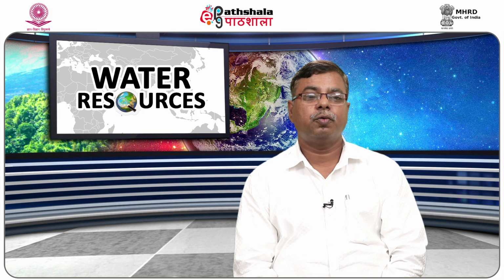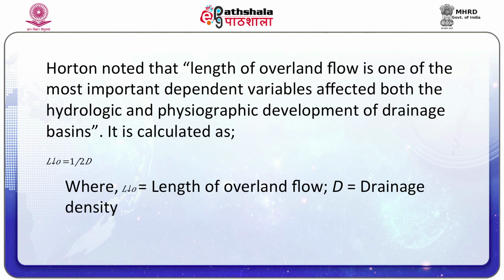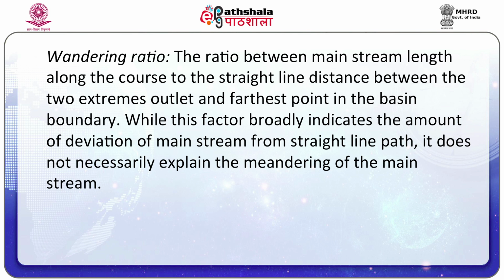See figure number 4. Horton noted that length of overland flow is one of the most important independent variables affecting both the hydrologic and physiographic development of drainage basins. It is calculated by the formula. Wandering ratio.